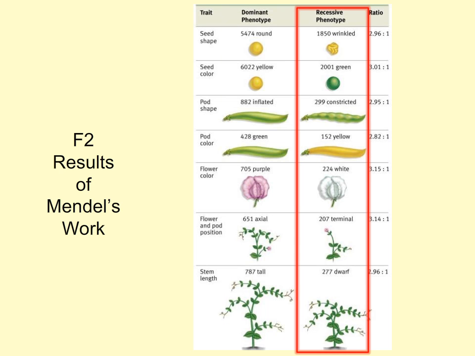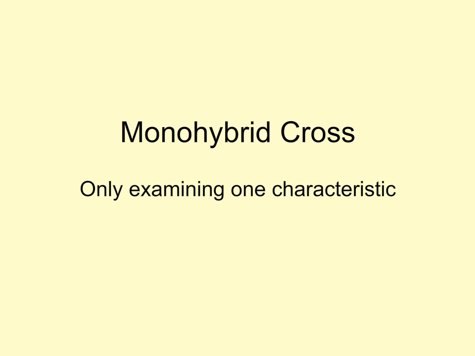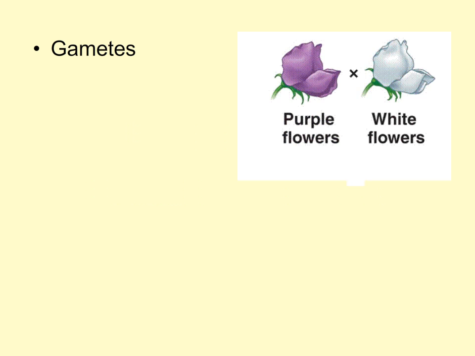Let's see how these crosses can be calculated. Mendel was looking at monohybrid crosses in which only one characteristic was being examined. First, we have to determine what type of gametes the P generation can produce, and to do that, we have to know the genotypes of the parents.